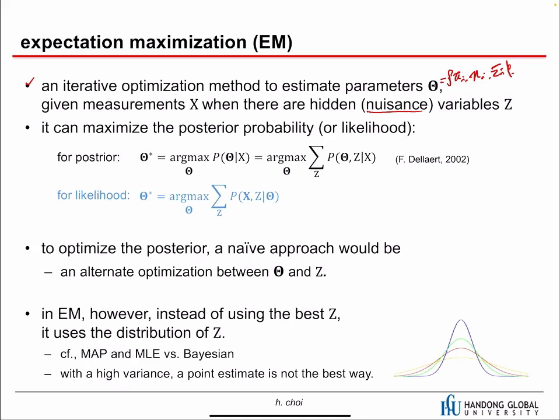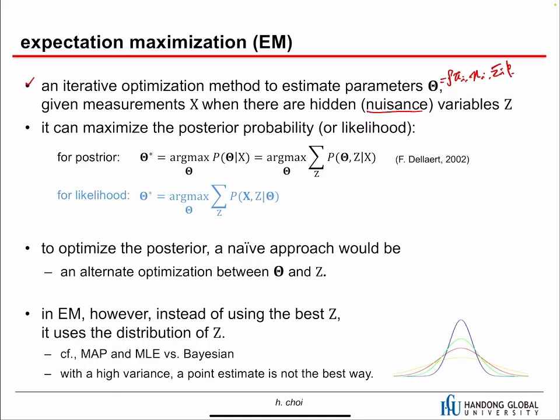So expectation maximization is a general algorithm. If we have a posterior probability to maximize, then we can apply the EM algorithm. Or if we have a likelihood, then the EM algorithm can maximize the likelihood. So the EM algorithm is a generalized version of the maximum likelihood estimator.